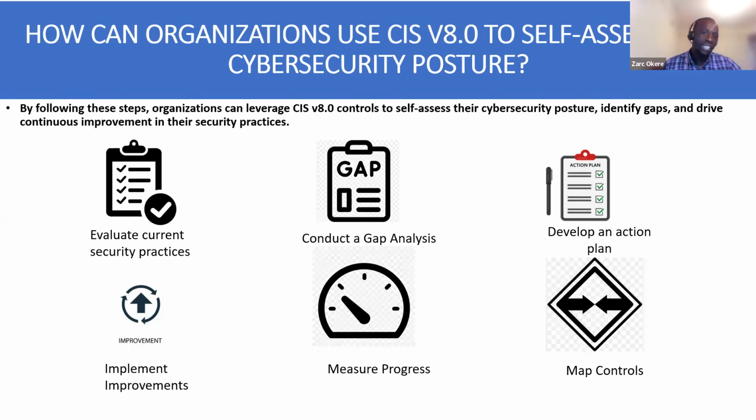From the action plan, it's important that you make improvements. So implement the improvements, where you start by implementing the necessary changes identified in your action plan. And then you measure the progress continuously, where you track your organization's progress in implementing the controls.